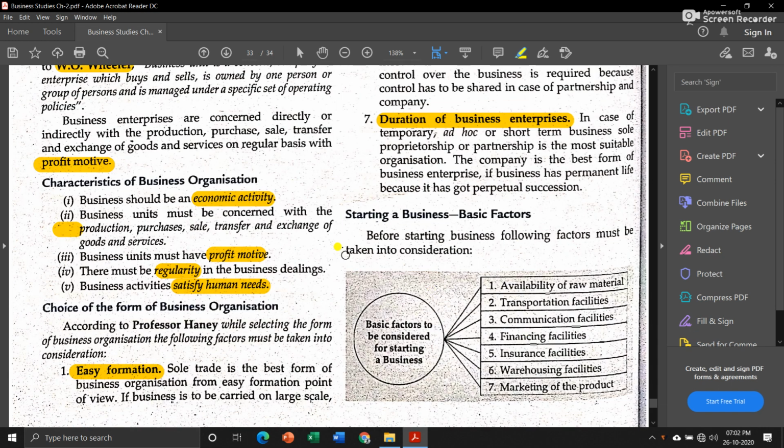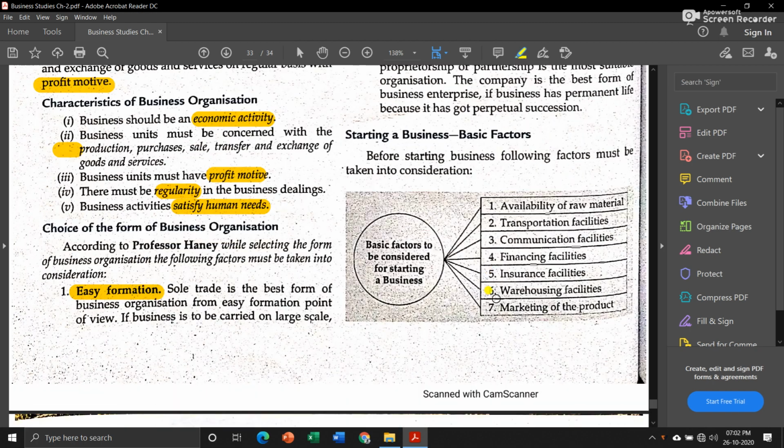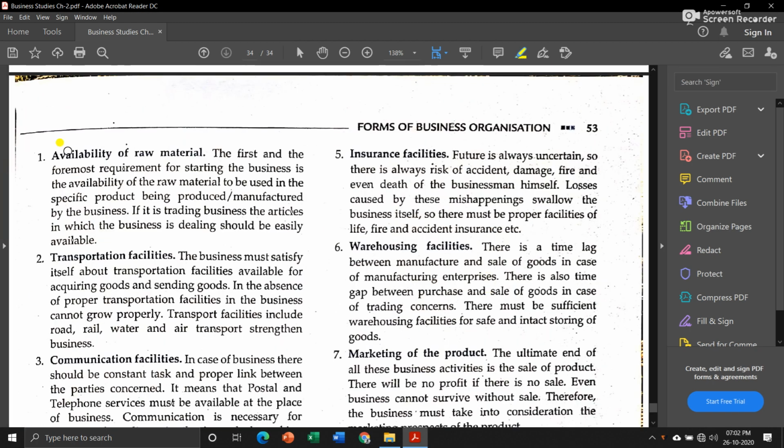Now, starting a business, what are the basic factors that you have to consider before starting a business? First point is availability of raw material. Before starting your business, you have to see whether the place where you are planning to start your business has a sufficient amount of raw material available or not.